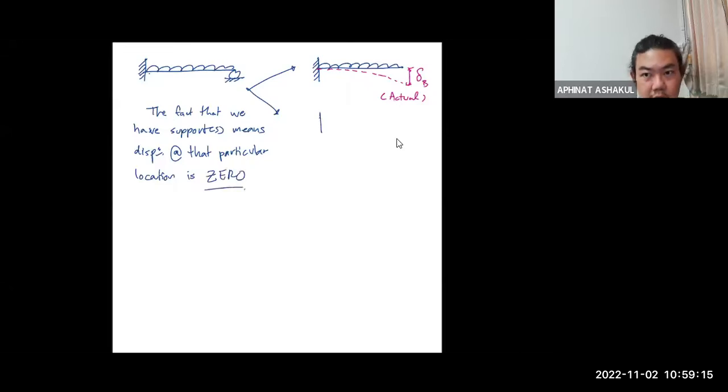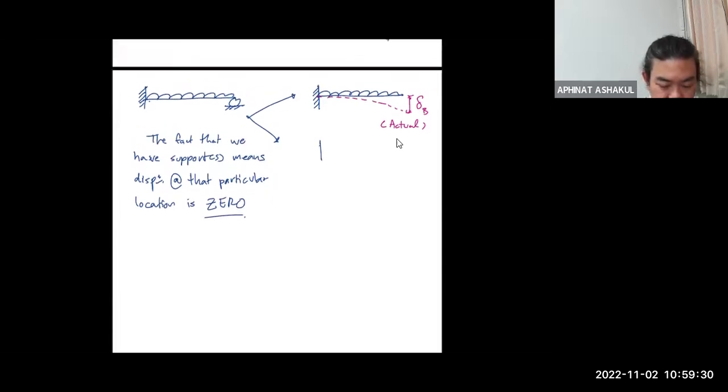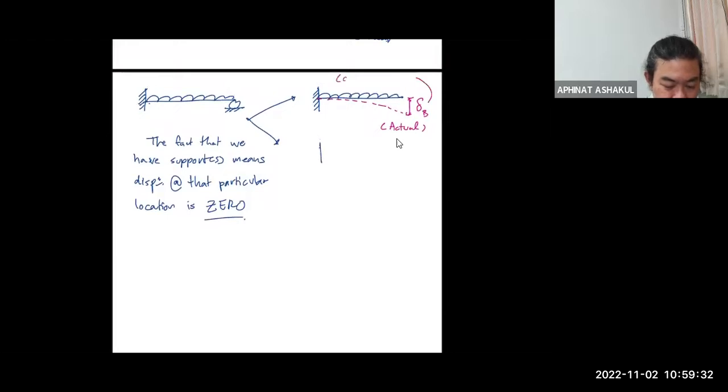If we have the support, the displacement there must be 0 because it's a support. So if I remove the support, I will induce this actual displacement after removing the support. So simply put, when I bring the support back there, the displacement has to be 0. Correct? Do you agree with this?